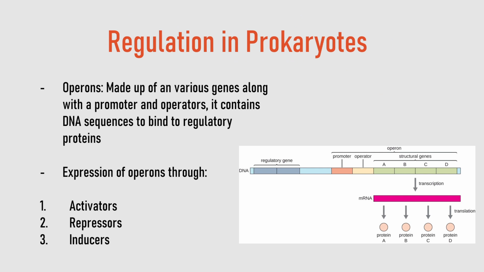When the protein is no longer needed, transcription stops. As a result, the primary method to control how much of each protein is expressed in a prokaryotic cell is the regulation of transcription.